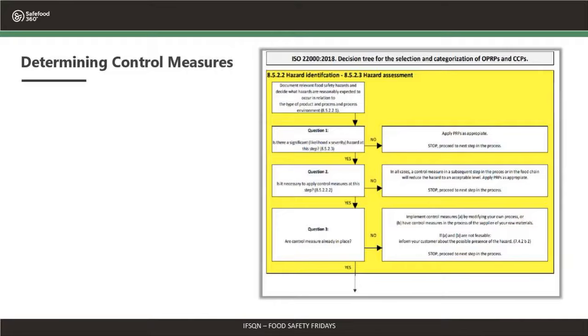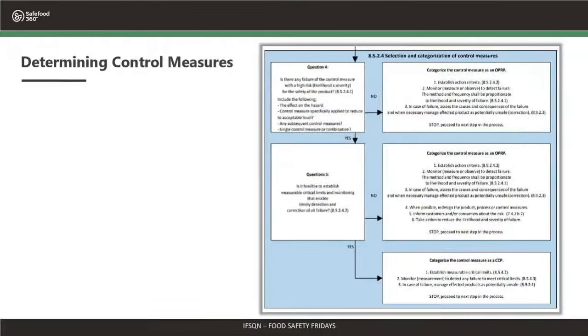But if we say yes to this particular question, we move on to the next section, which is selection and categorization of control measures. And the first question here, question 4, is there any failure of the control measure with a high risk for the safety of the product?